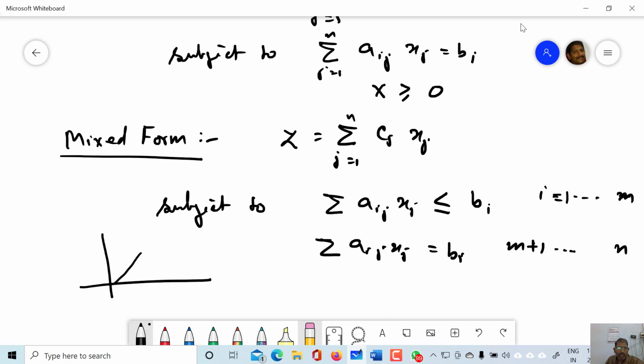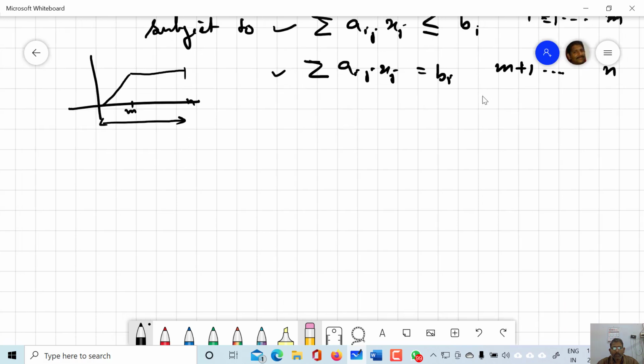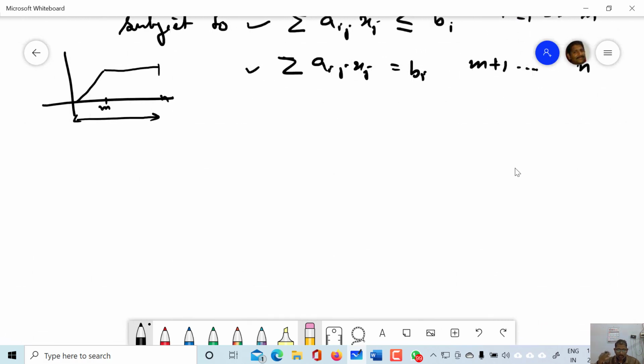For this range, it will be satisfying this equation, and for this range, it will be satisfying this equation. That means up to m, this will be satisfying the canonical form, and from m to n, this will be satisfying the standard format. So if we are mixing both of the forms, it will be a mixed form. So in the graphical representation, I also explained what the mixed form is.